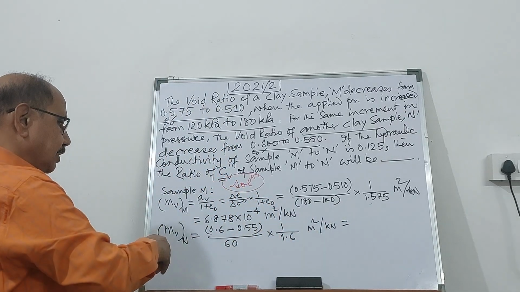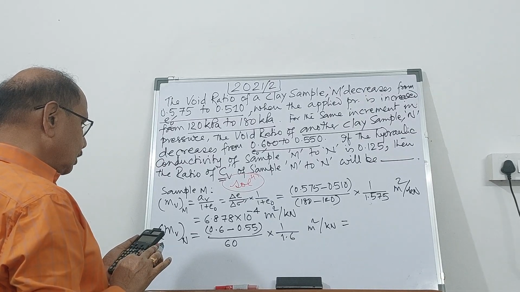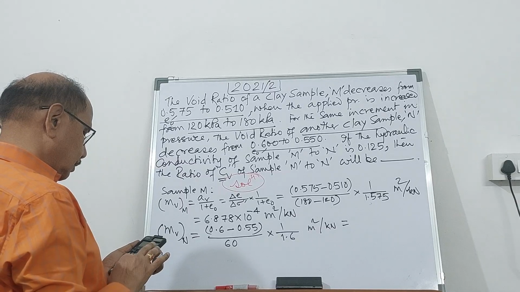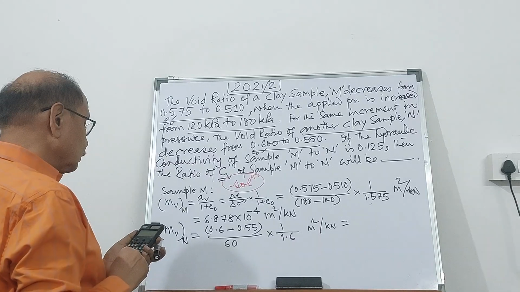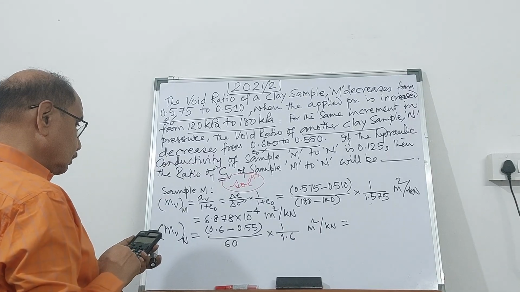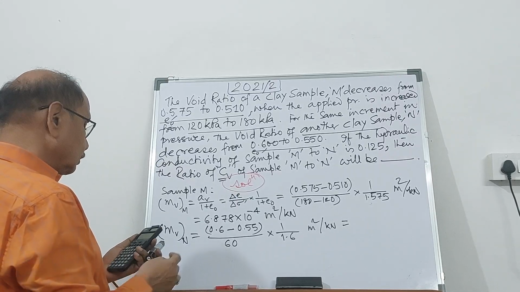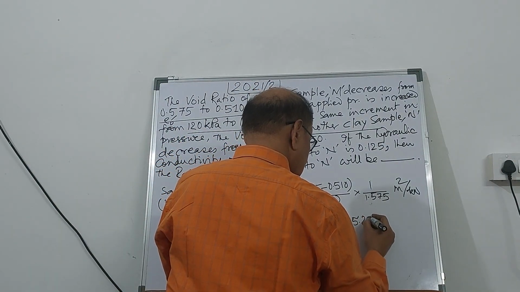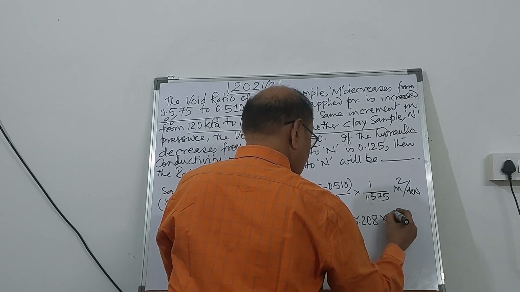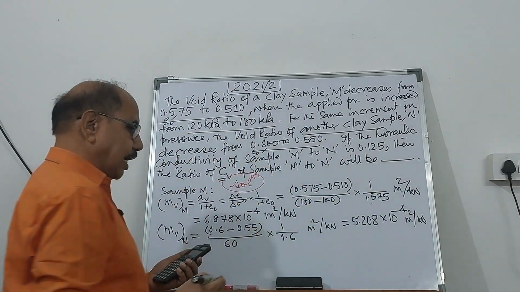If you simplify it, we can find it out. This gives you 5.208 into 10 raised to minus 4 meter square per kilonewton. This is the value of MV.